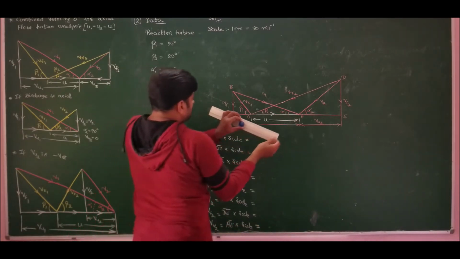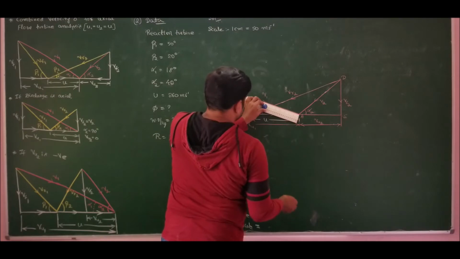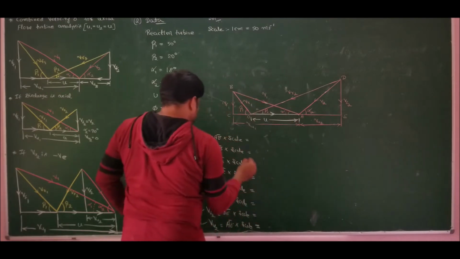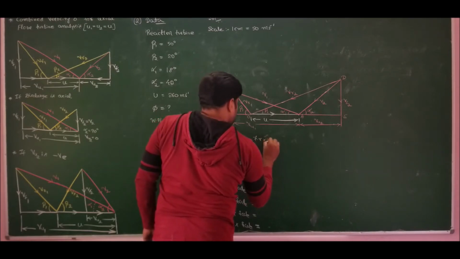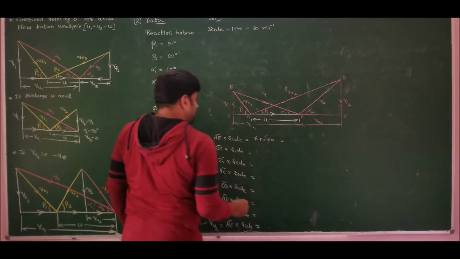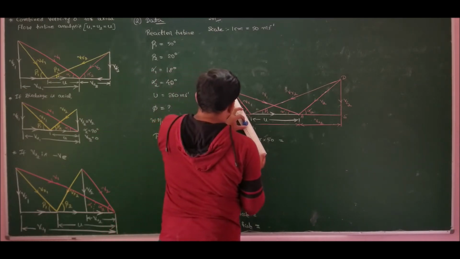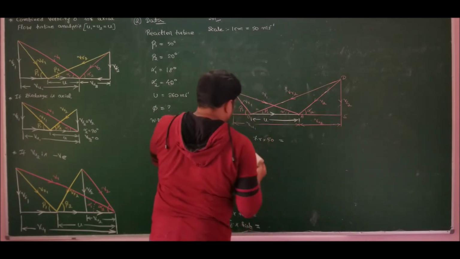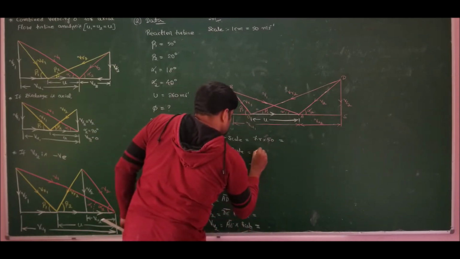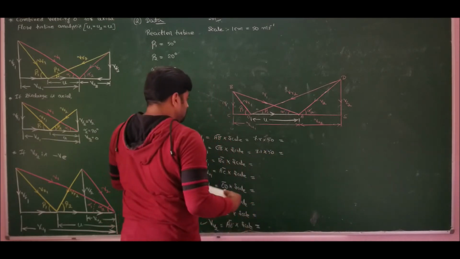So now if I measure AB, I will get AB as 7.5 centimeters. So therefore it is 7.5 into 50. Similarly, if I measure VR1, it is 3.1 centimeters into scale 50.